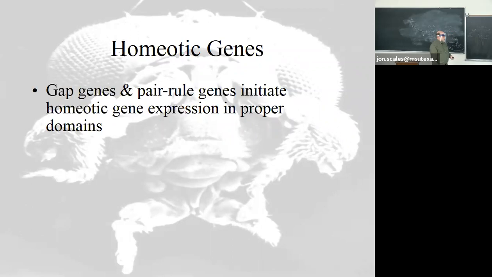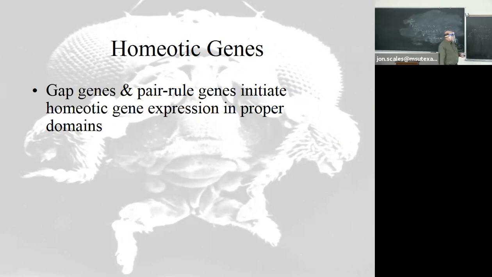But how do those segments, T1 and T2 and T3 and A1 and A2, actually know, hey, I'm supposed to make a leg here, or a wing and a leg, or a haltere, or an antenna, or an eye, or whatever is going on in the abdomen? Well, that comes through the homeotic genes, right?